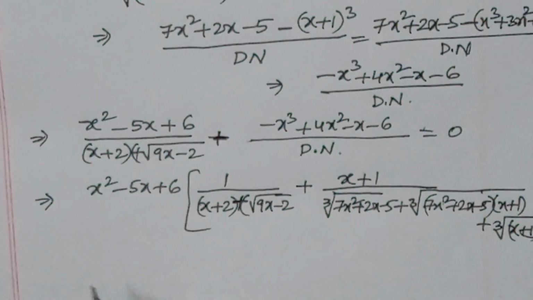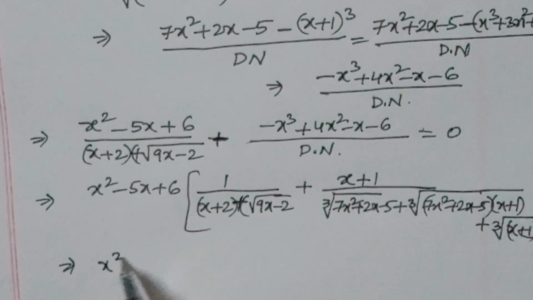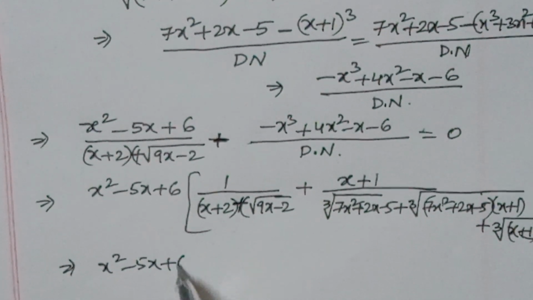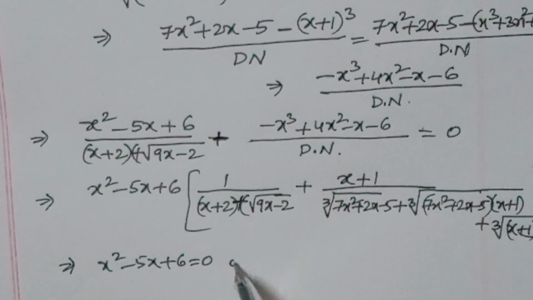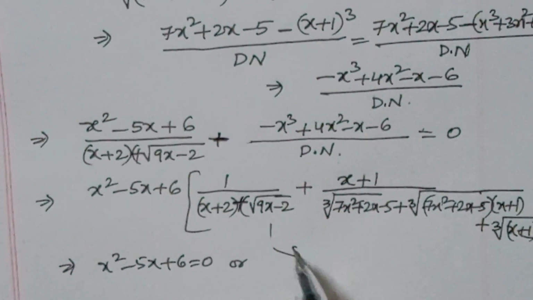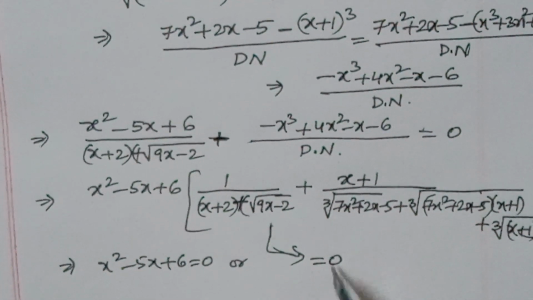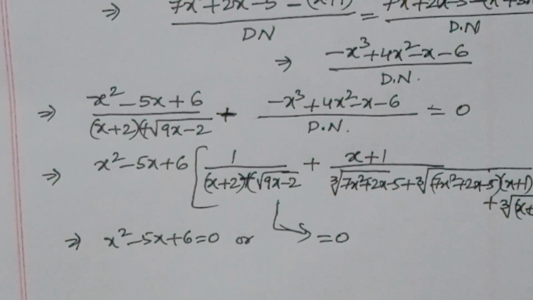Now x square minus 5x plus 6 equal to 0, or the second part is equal to 0.